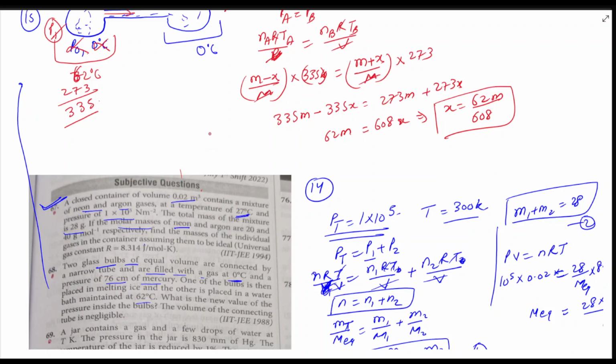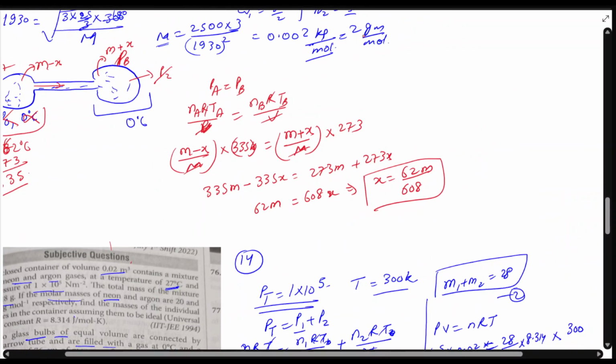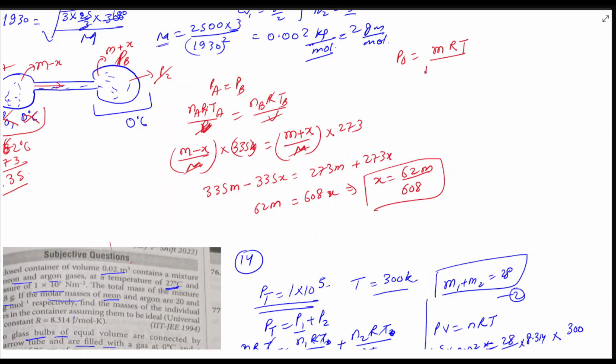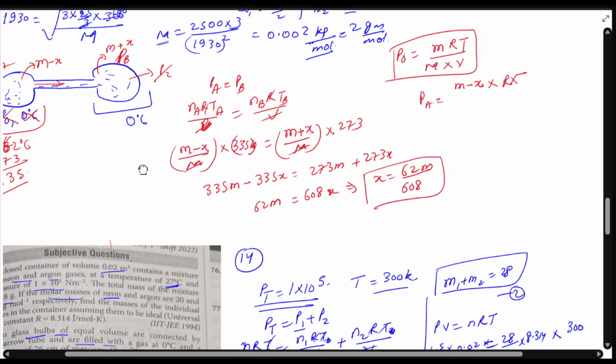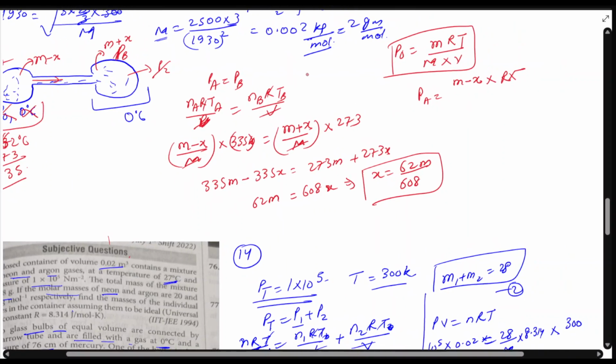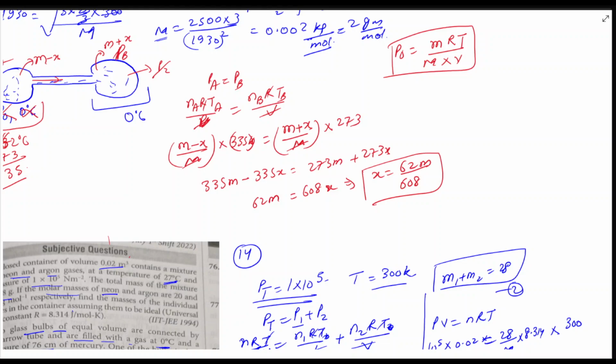Now we'll just find the pressure. So the initial pressure was mRT upon capital M into V. Now the new pressure, for any one of the cases you can find. So we'll just find it for A. So A will be m minus x into R into temperature 335. Let's just find it for B, because the temperature term will get cancelled.